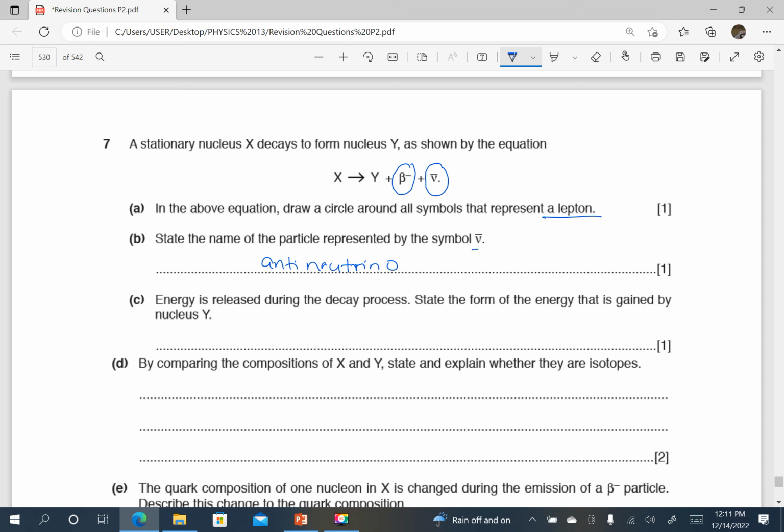State the form of energy that is gained by nucleus Y. Of course, energy takes on basically two forms, but nucleus Y must automatically gain kinetic energy. It can't gain energy in the form of gamma ray photons. So the nuclei are emitted with kinetic energy. If there is a balance, then it is emitted as gamma radiation. So Y has kinetic energy.